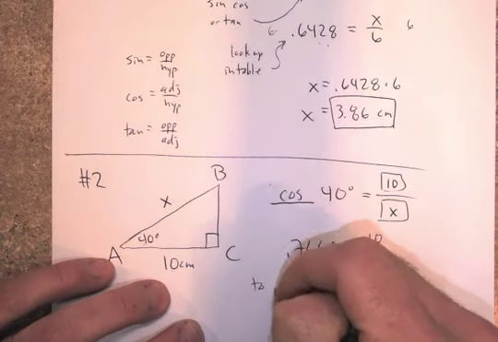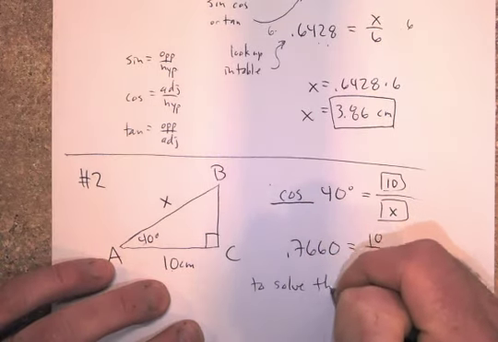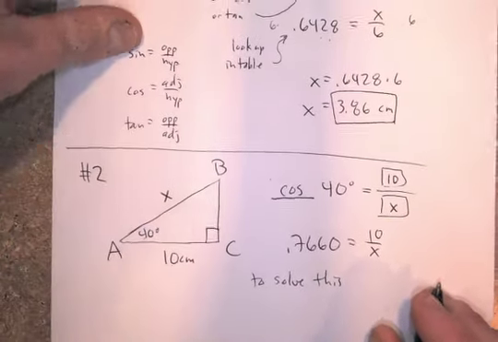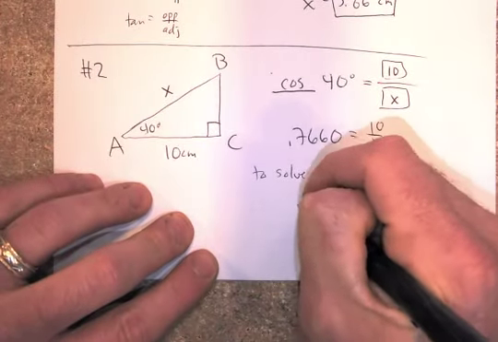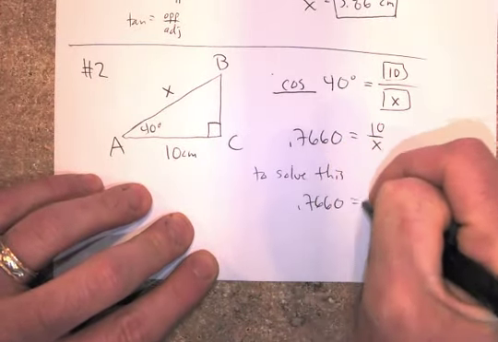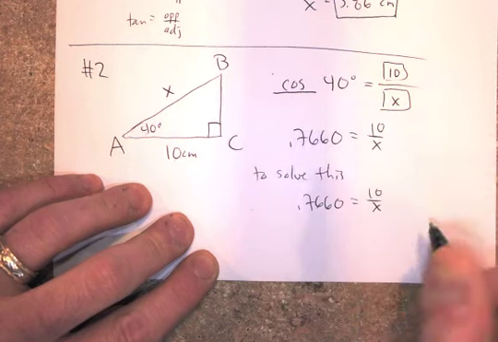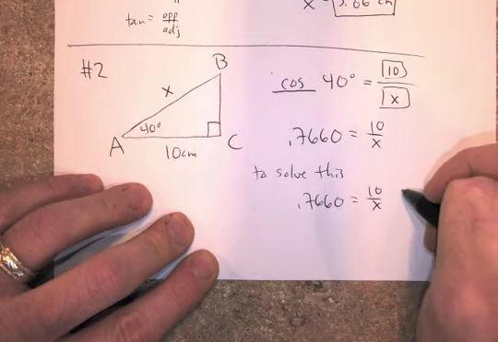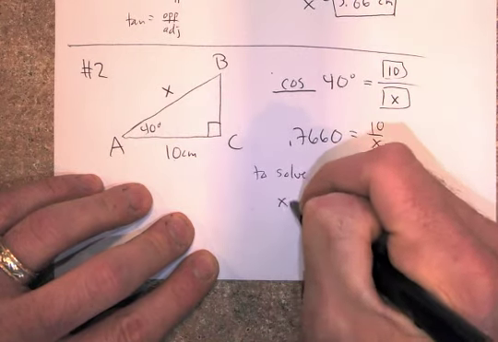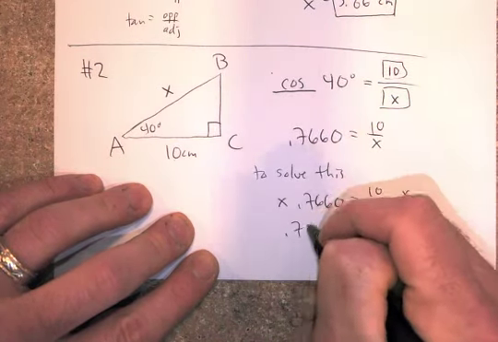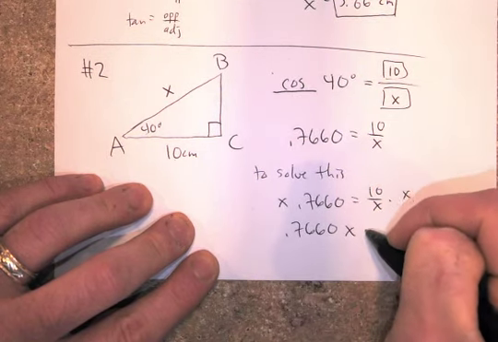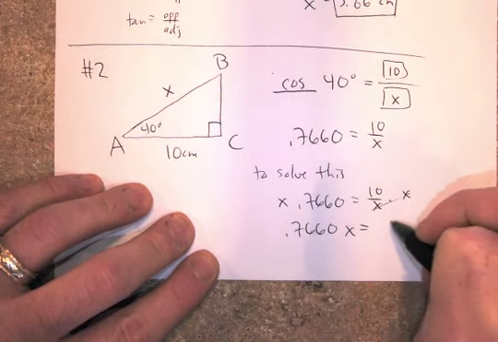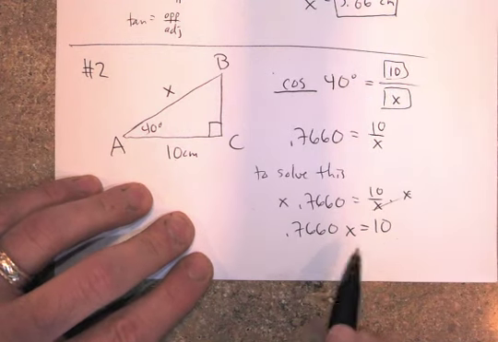Okay, to solve this, I'm going to just go down here and show you the steps for solving this. Because you say, oh, I'll multiply by 10. No. Okay, the 10's in the top. We need to get the x up in the top. Multiply each side by x. Okay, 0.7660 x equals, these x's cancel, 10. Now the x is in top.